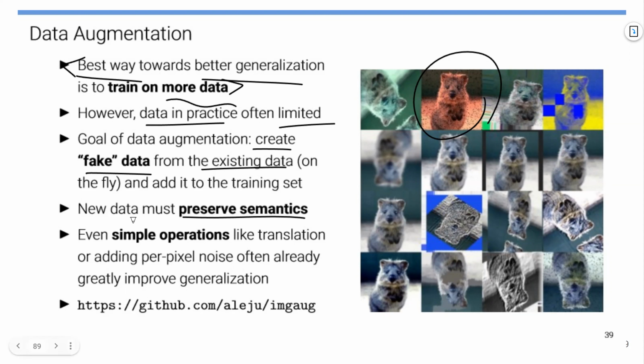And even simple operations like translation or adding per pixel noise often already greatly improve generalization. So we don't have to come up with complex data augmentation techniques, but even simple ones already show good performance on improving generalization.